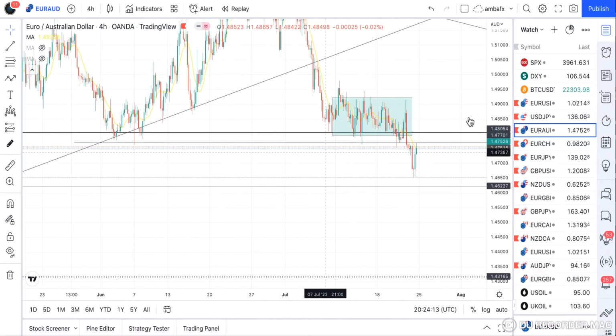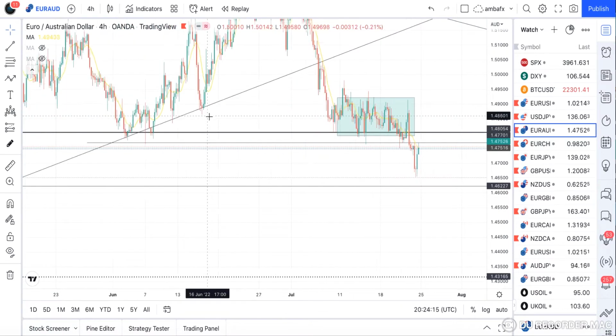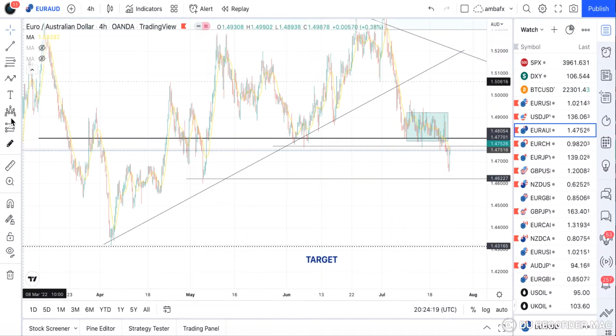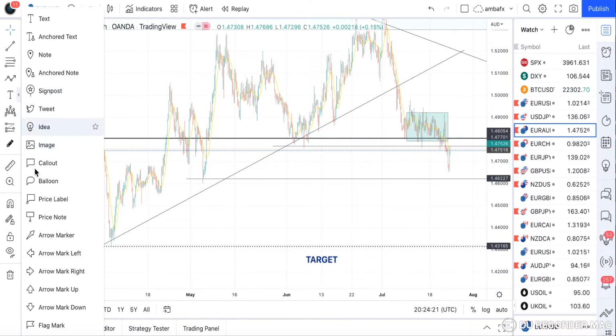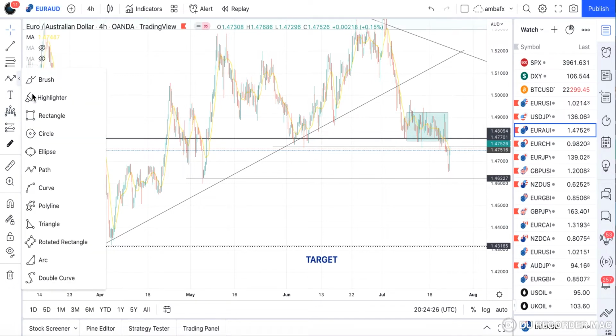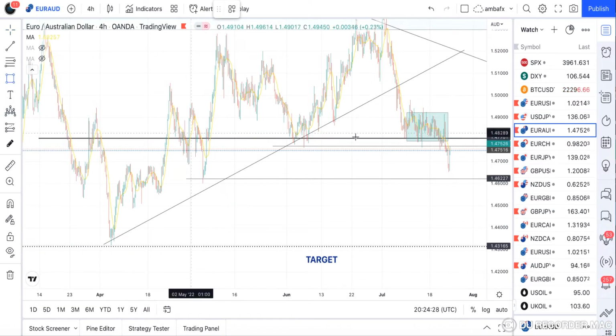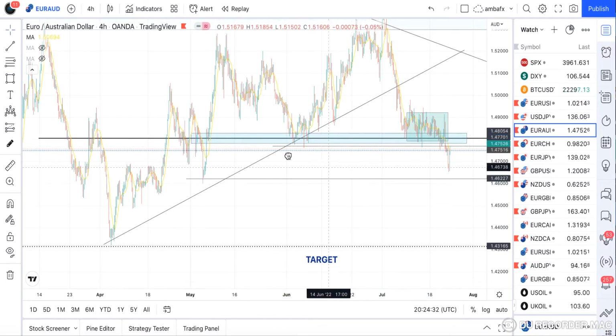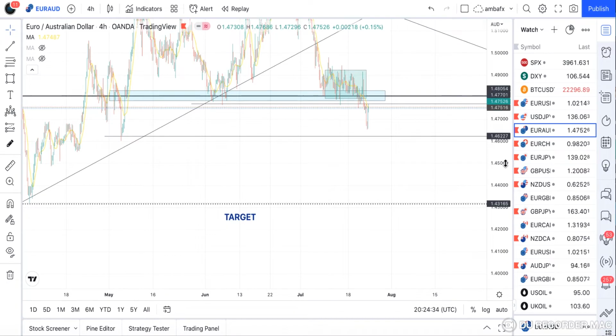The reason why I say we are still bearish, if you look at it very well, you can see that we have a break of this level right here. As you can see, it has broken that particular level, so it's coming for a retest.